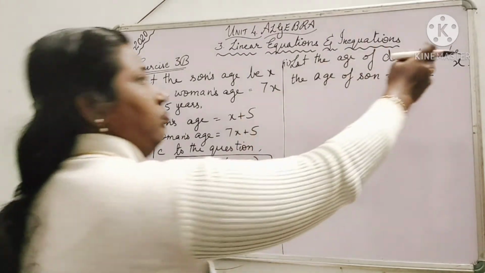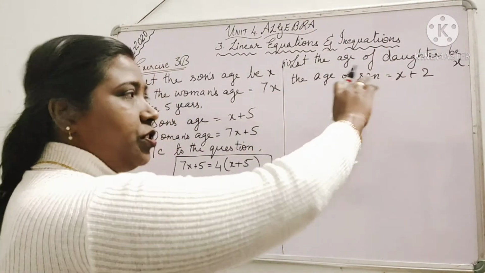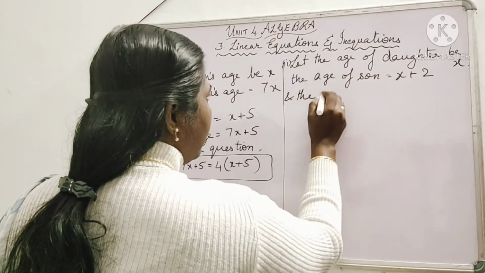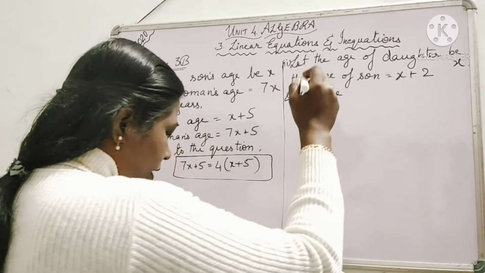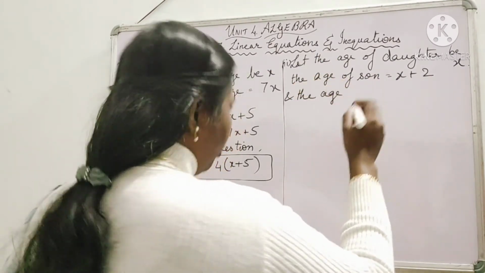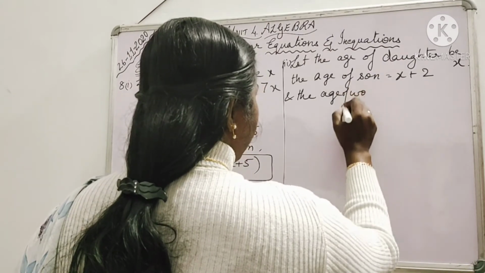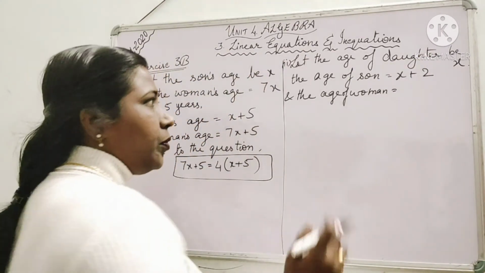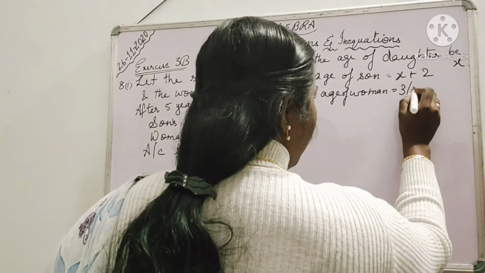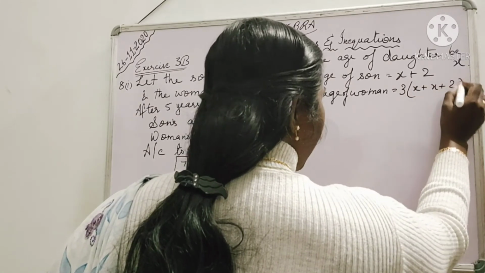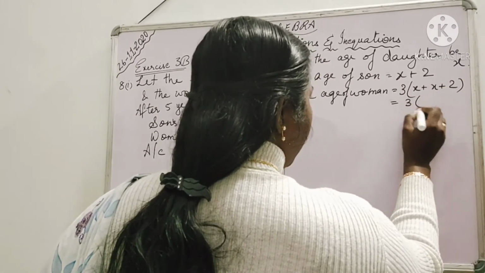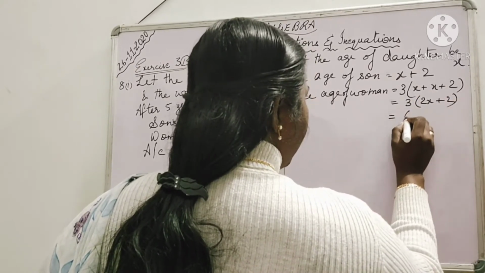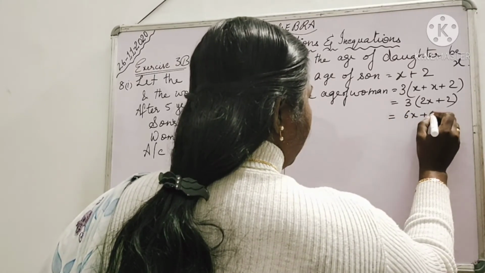So the age of woman is equal to 3 times the sum: 3 times x plus x plus 2, that is 2x plus 2, and we will get an equation, that is 6x plus 6.